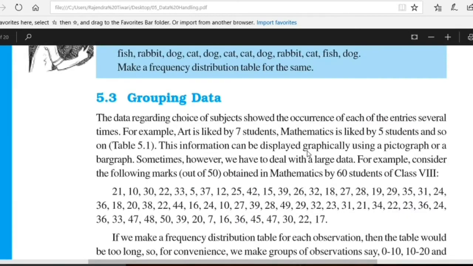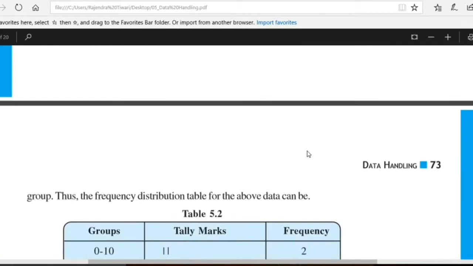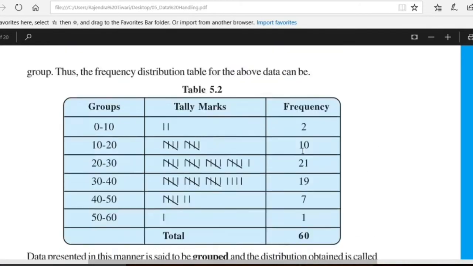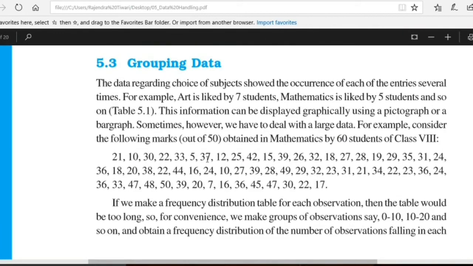Okay, but this year we are studying histogram. So what is a histogram? Before this, you should know what grouped data is. Suppose you are given data like 21, 10, 30, 22 and 33.